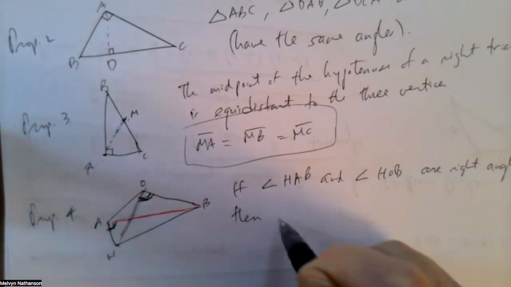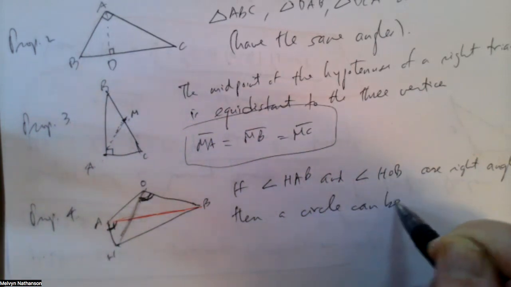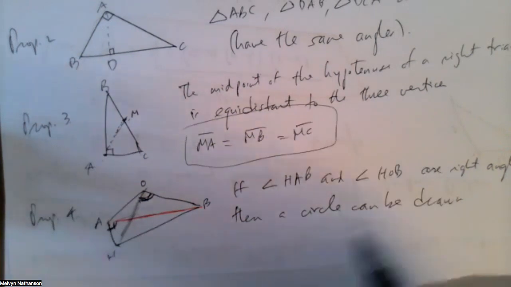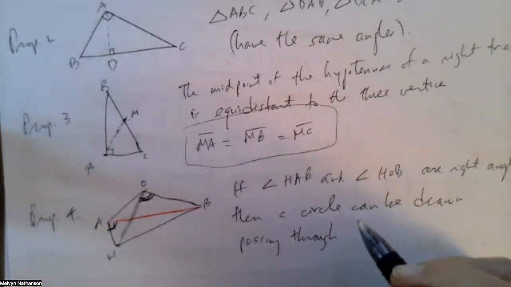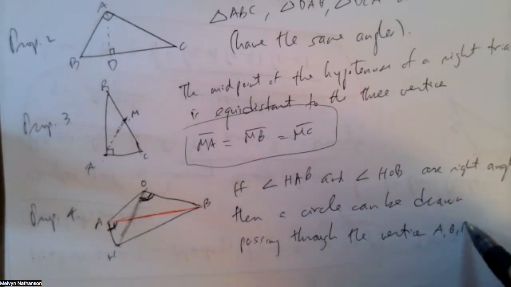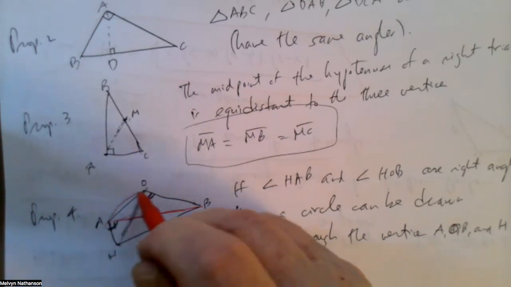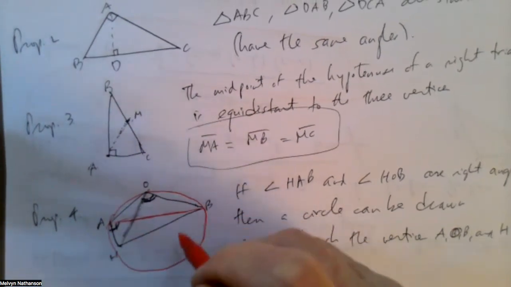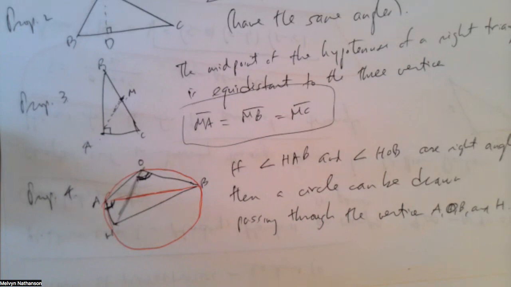So then a circle can be drawn passing through the four vertices A, O, B, and H. So if these angles are right angles, then in fact, there's a circle that can be drawn passing through the vertices of the quadrilateral. So the quadrilateral is what is called a cyclic quadrilateral.